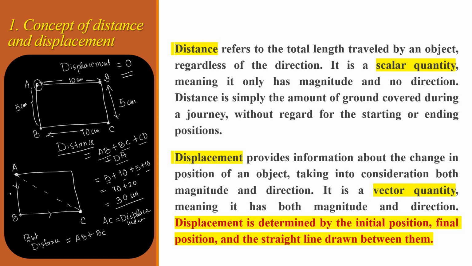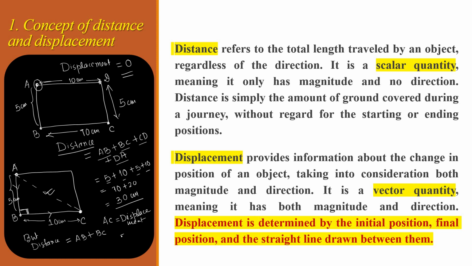Suppose the length AB is 5 centimeter, and BC is 10 centimeter, and let us consider it forms a right angle triangle. So this is the hypotenuse.